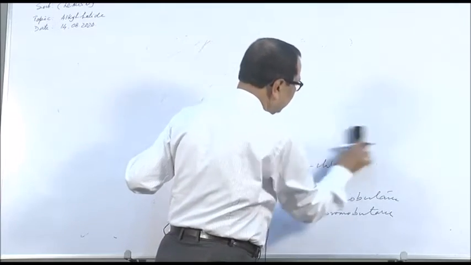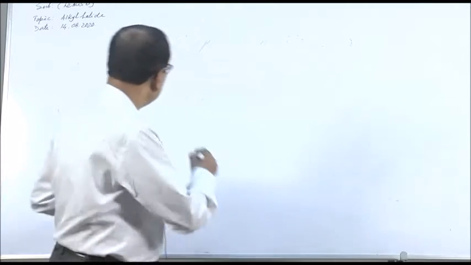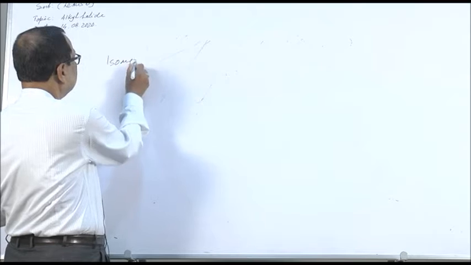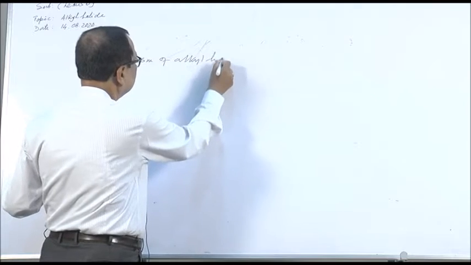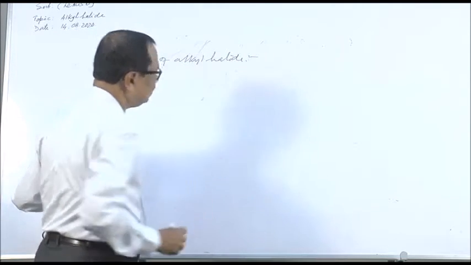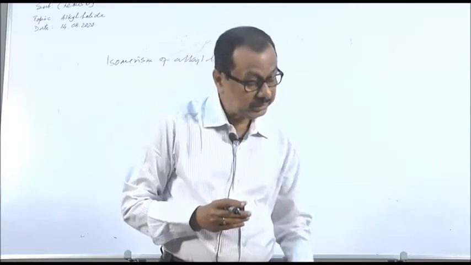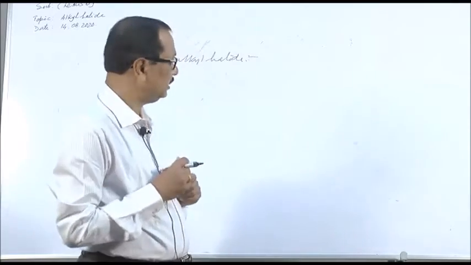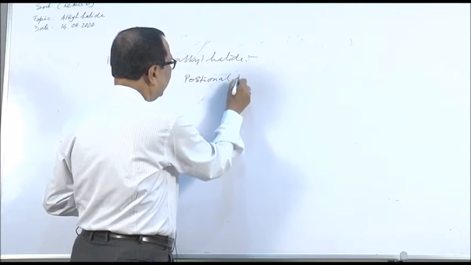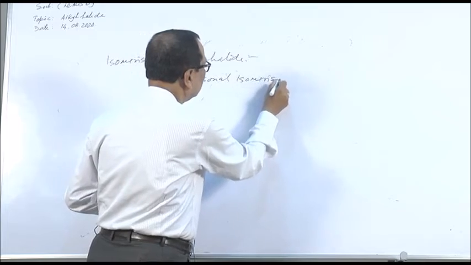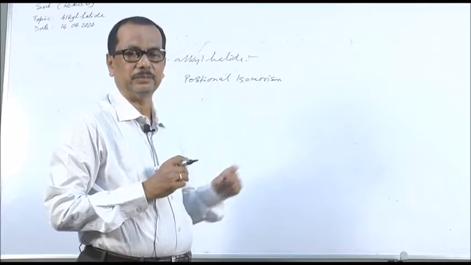Alkyl halides show primarily one type of isomerism, that is positional isomerism, where the position of the substituent, that is halogen, will be at different positions.